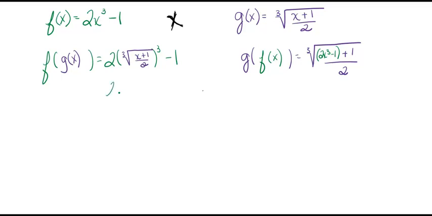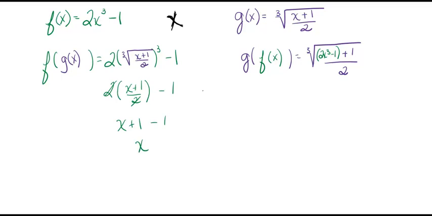So this becomes 2 times the power 1/3 raised to 3. Then I'm going to be left with just x plus 1 over 2 on the inside minus 1. And then if I distribute my 2, those cancel each other out. And I get x plus 1 minus 1, and I'm left with just x.